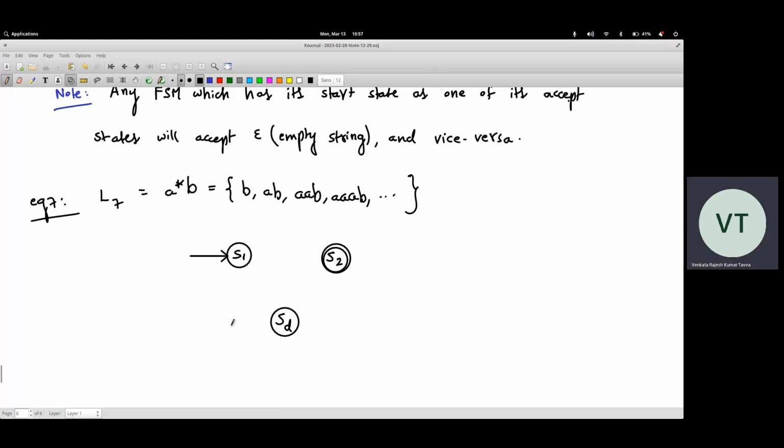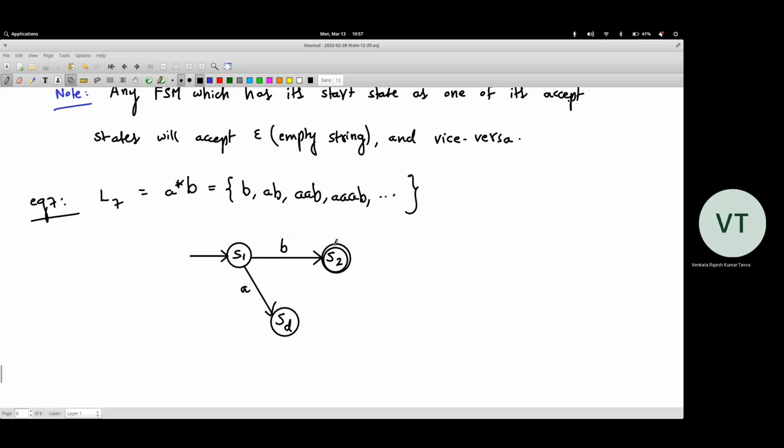Okay. What are the transitions? S1 to S2. It goes from S1 to S2 on what symbol? B. All right. Then S1 goes to SD on A. Then S2 to SD.